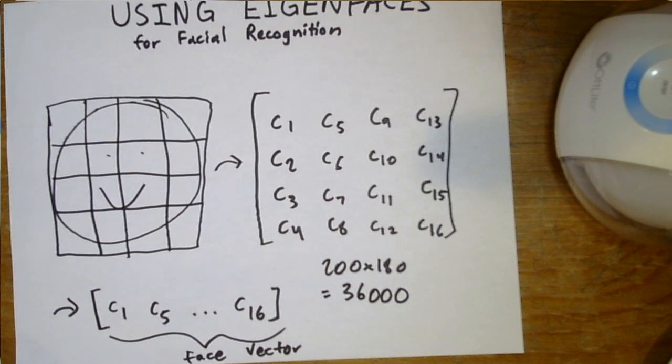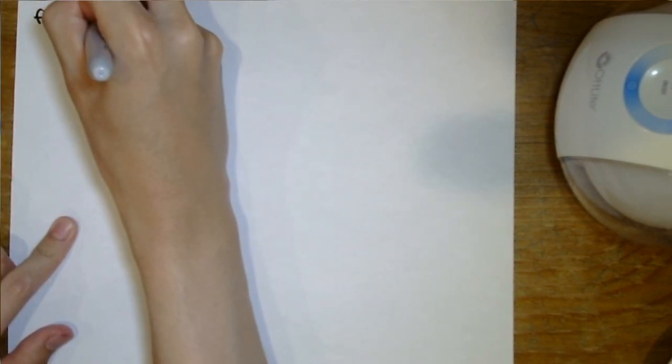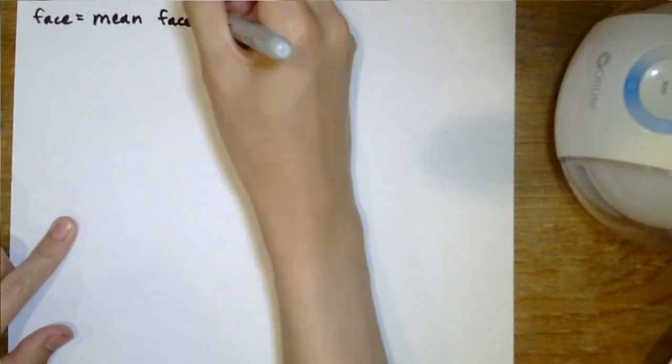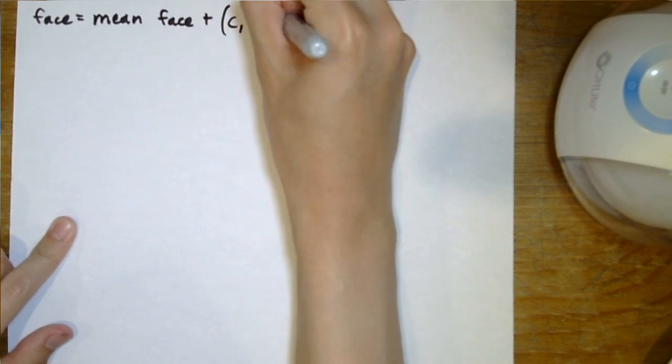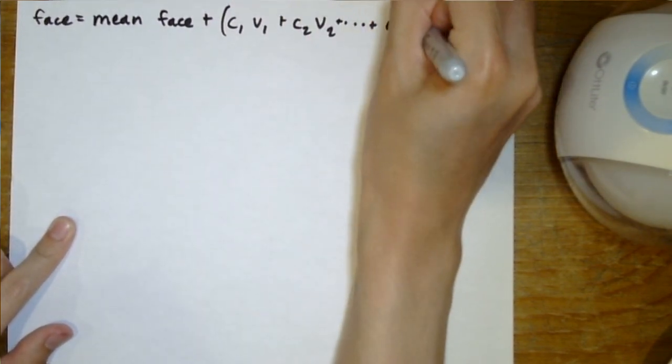So let's get into some principal component analysis, and start to solve this problem. So just so we know what we're getting into, when we want to represent any face with our facial recognition algorithm, we will represent the face vector as the sum of a mean face added to a linear combination of a very special set of vectors, which we'll get into what they are later.